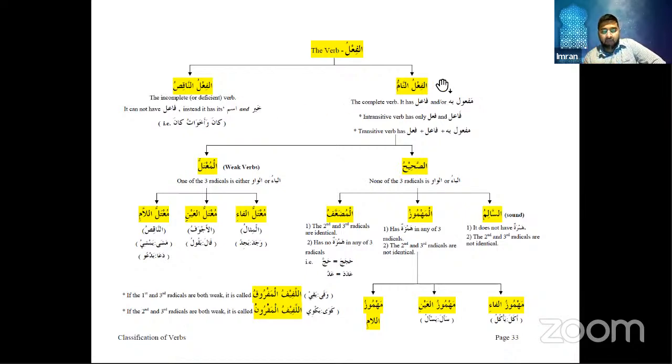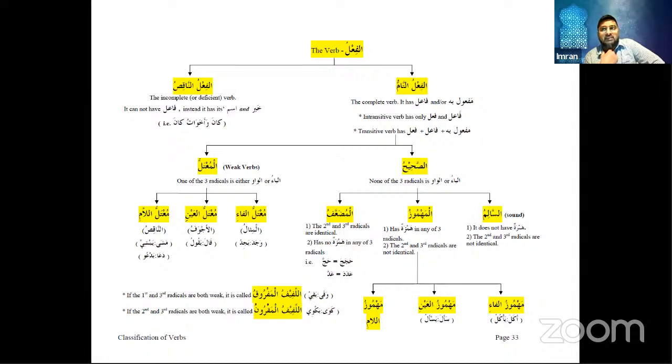First of all, fi'l al-tam. Fi'l al-tam means a complete verb. What is a complete verb? A complete verb is a verb which either completes its meaning with the doer, the fa'il, or it requires the doer and the object as well. As you know, we did this before.